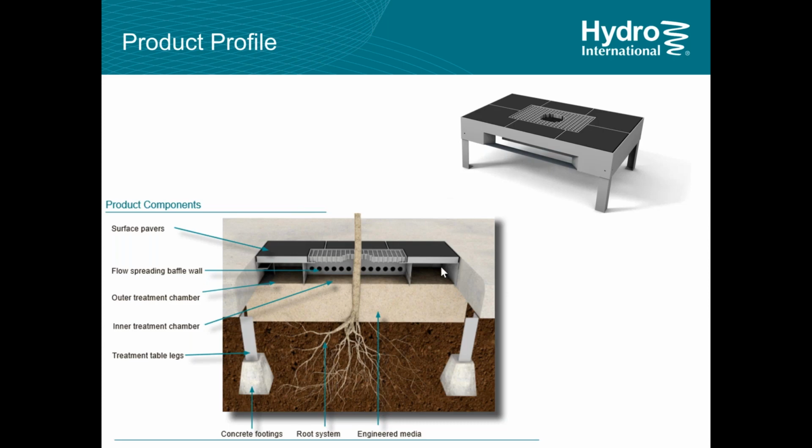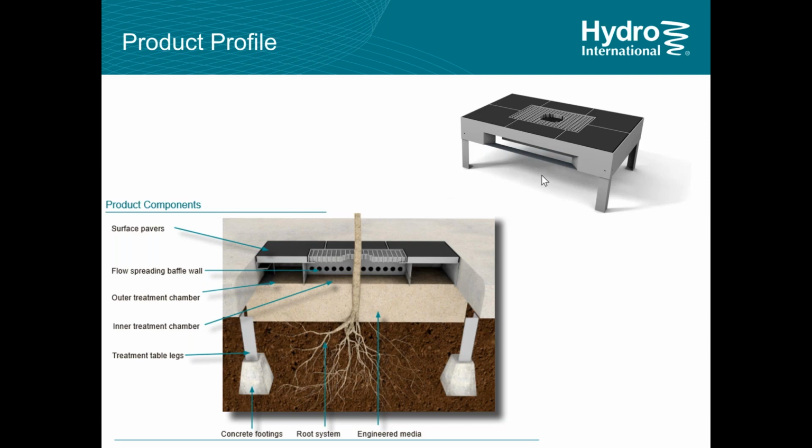We've got a really open structure. The point with the bioinfiltrator was that people said we need to have the most contact with the native soils to make sure we have as much infiltration as possible.